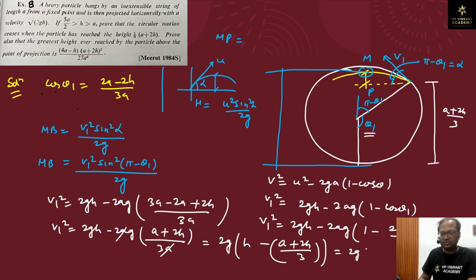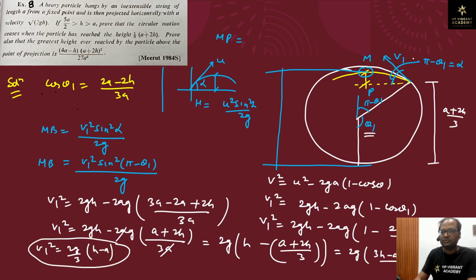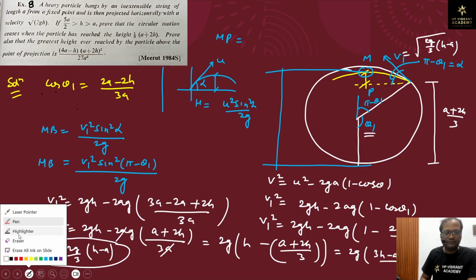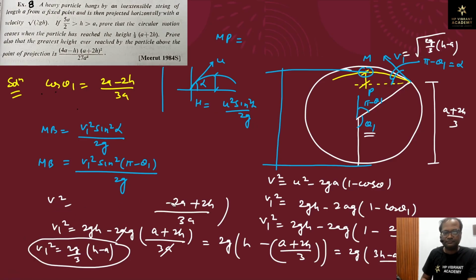This is equal to 2g into 3h minus a minus 2h upon 3. So v1 square is equal to 2g upon 3 into h minus a. This is our velocity. So v1 is equal to root under 2g upon 3 into h minus a. Now let us calculate the height.